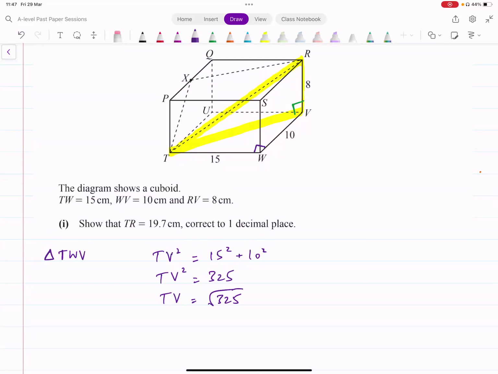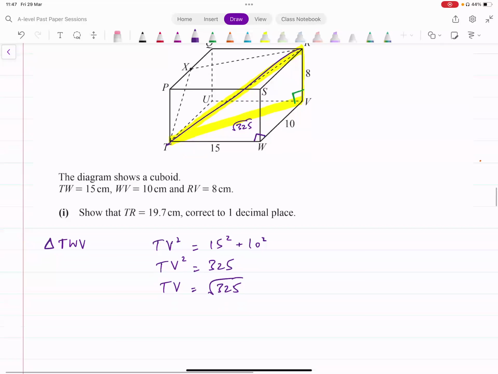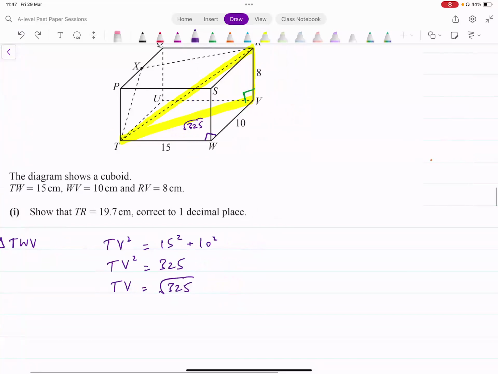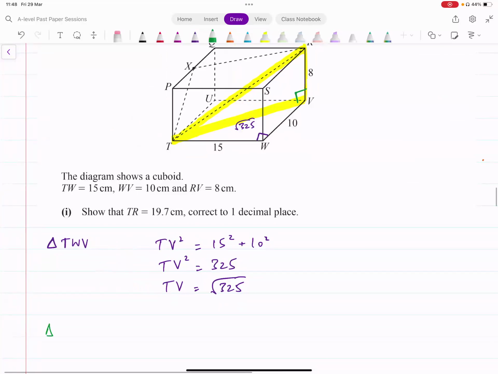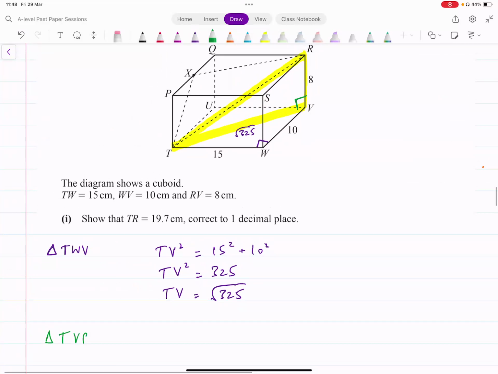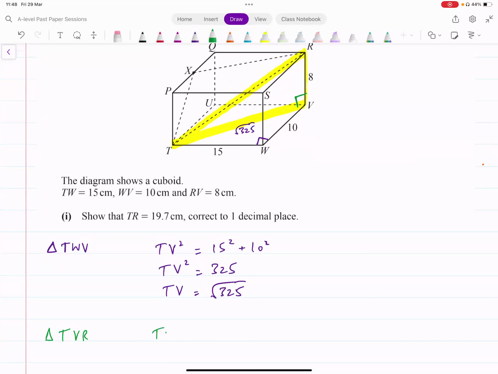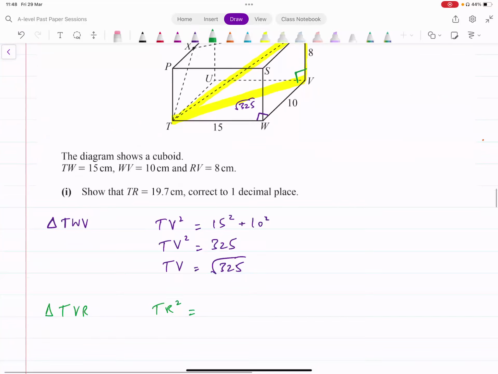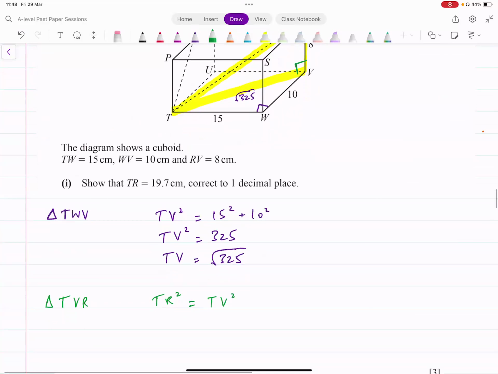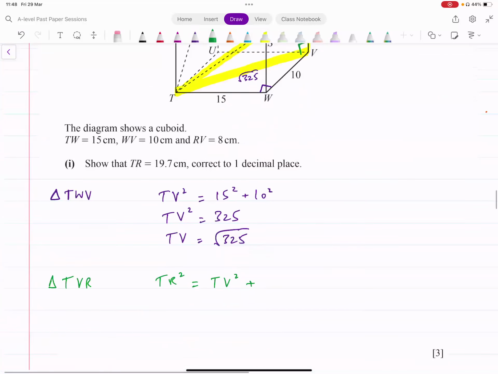What about TR now? Once you know what this length is, square root of 325, now you can use that right angle triangle. TR is the hypotenuse of the other right angle triangle. The other right angle triangle is TVR. So we can use that one now. In that triangle, we can say TR squared is equal to TV squared plus VR squared.